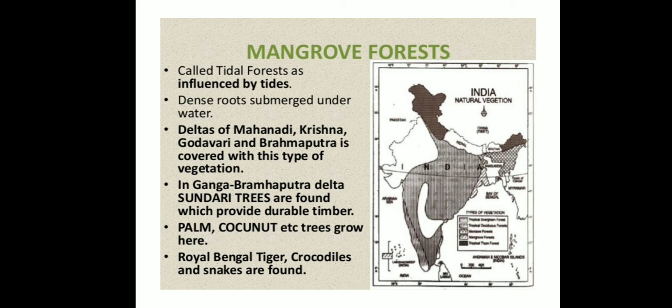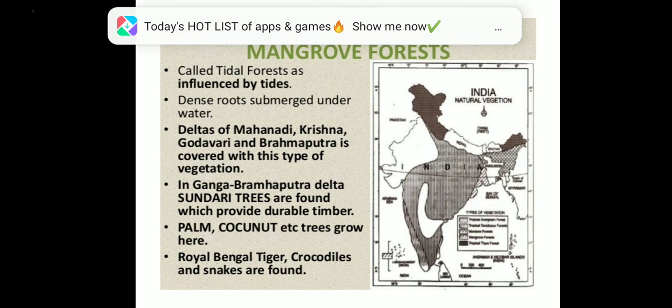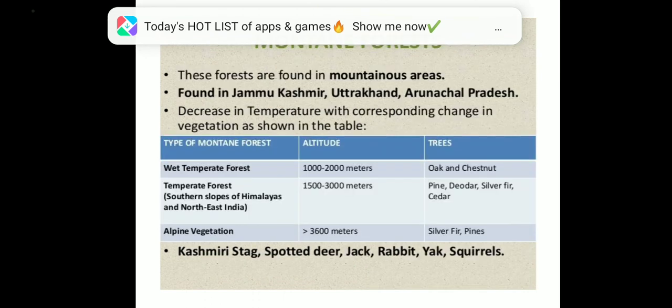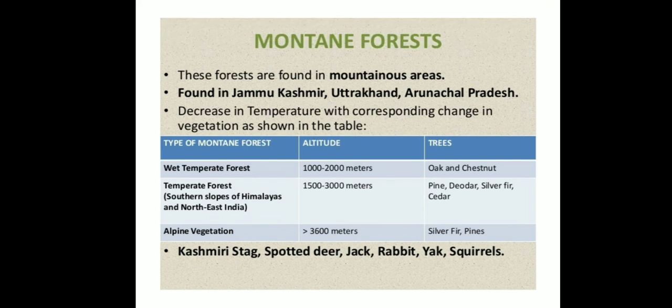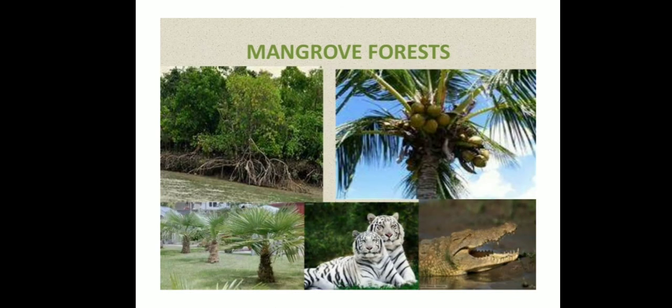In Ganga and Brahmaputra Delta, Sundari trees are found which provide durable timber. Palm, coconut trees are also grown here. Royal Bengal tiger, crocodiles, and snakes are also found. See the pictures of mangrove forest.